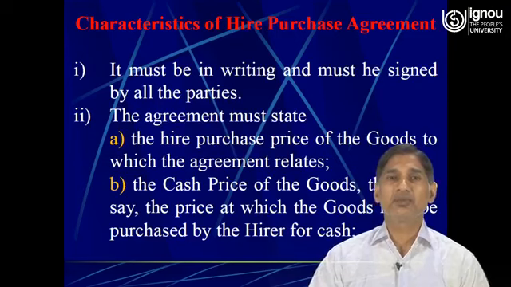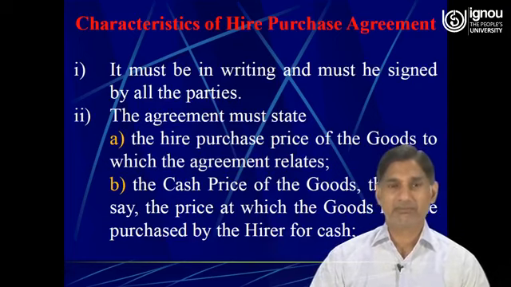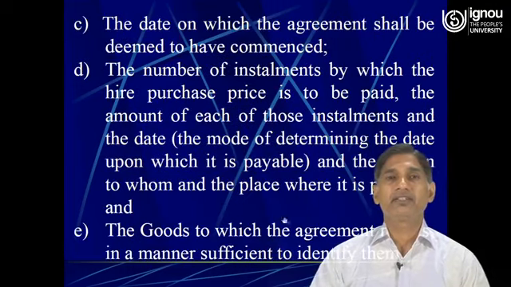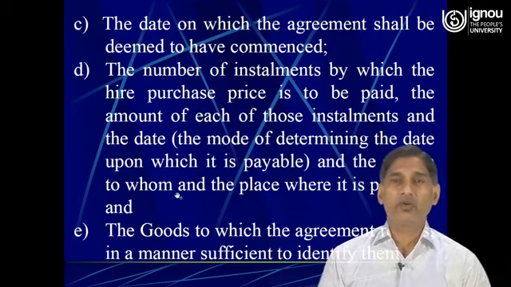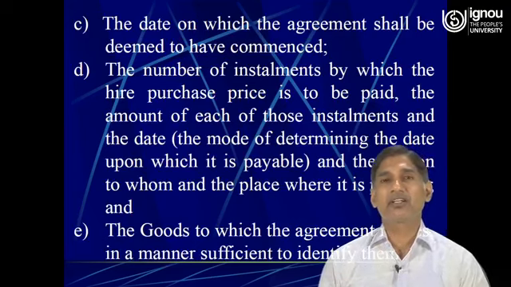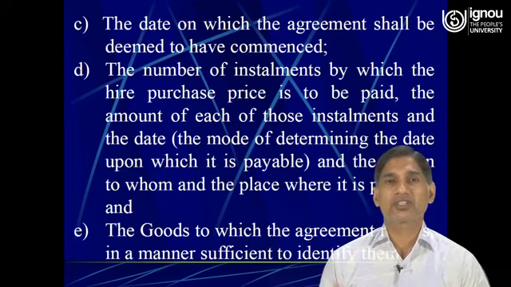That is to say, the price at which the goods may be purchased by the hire purchaser for cash. Then the third part is the date on which the agreement shall be deemed to have commenced. On that particular agreement, a date must be there, from which date that agreement will be in force.